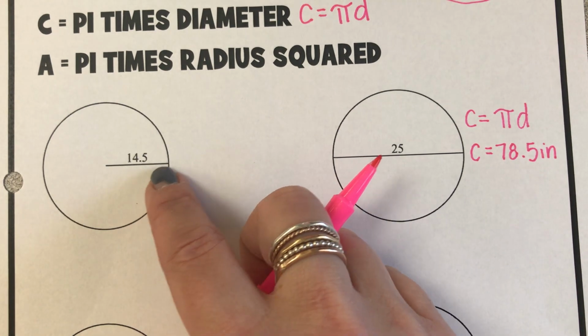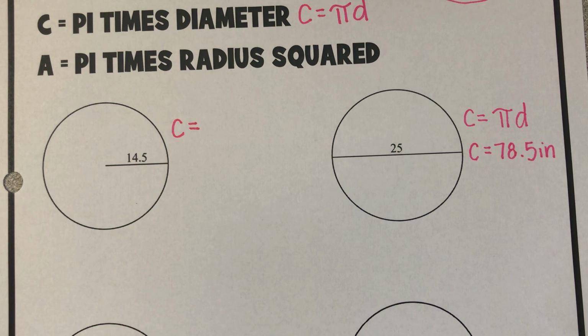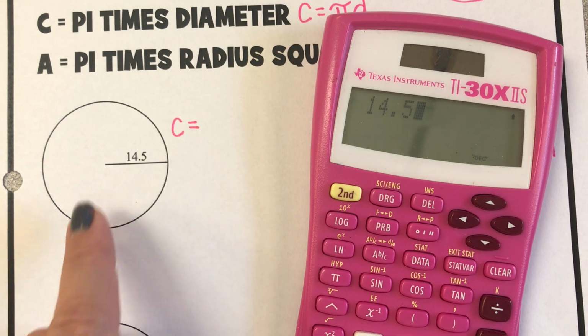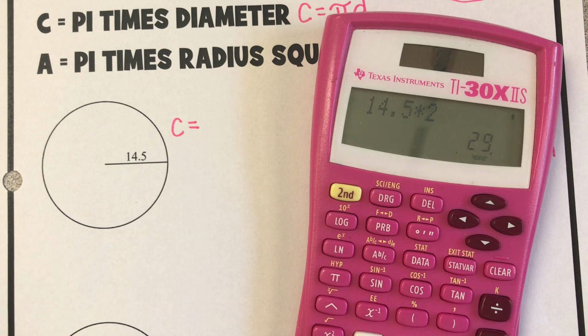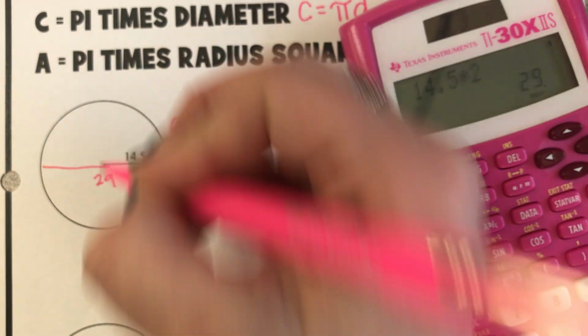Okay, so look at this one. Do I know the diameter all the way across? No, I can figure it out, right? I know that 14.5 is the radius, halfway across, so I can just do it times 2. Now I know that all the way across my circle is 29.